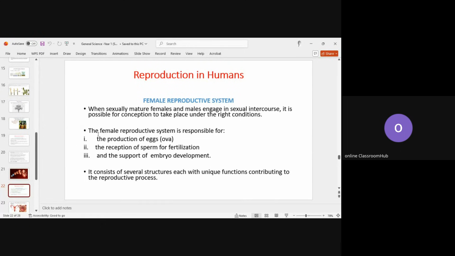The female reproductive system is responsible for 1, the production of eggs, 2, reception of sperm for fertilization, and then 3, support of embryo development. So the function of the female reproductive part is these 3. It's for egg production, to receive sperm, and then to support the embryo to grow.